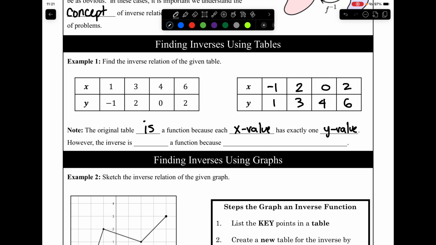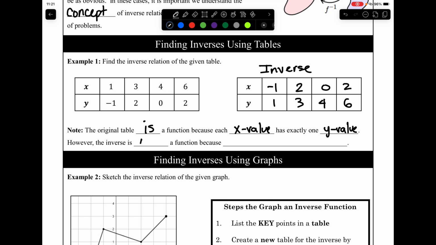However, if you look at the inverse that we created over here, this is the inverse. This is not a function because every x value does not have a unique y value. 2 has an output value of 3, and this 2 has an output value of 6.